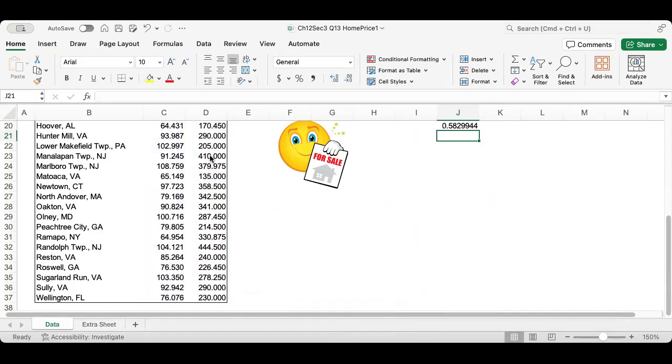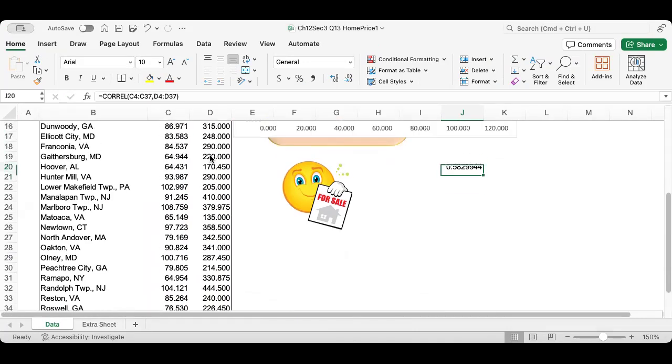What's that mean? That's my R value. What we talked about on Monday. What's that R value represent?